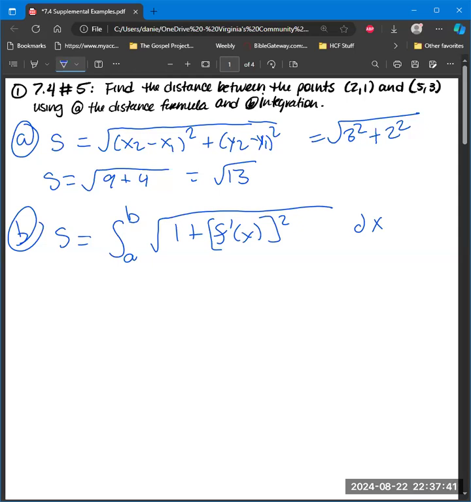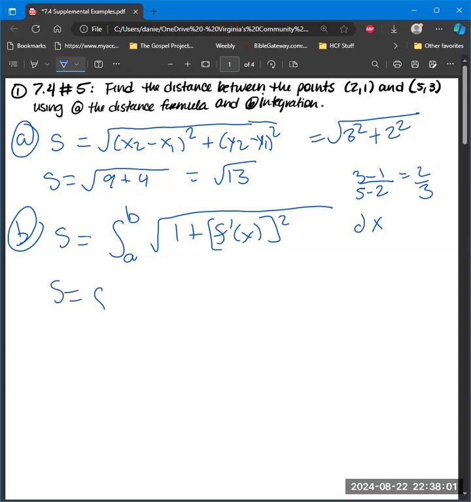Since it's linear, my derivative and my slope will be the same thing. So let's go ahead and find y2 minus y1 over x2 minus x1, which is 2/3.